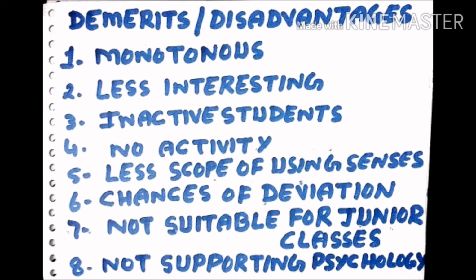And the sixth demerit of the lecture method is that there is a chance of deviation while using it. A teacher may not focus on the targeted topic and concept. Sometimes in the process of elaboration, they may go into a diverse and different zone of explanation, where students may not find it easy to connect the things.